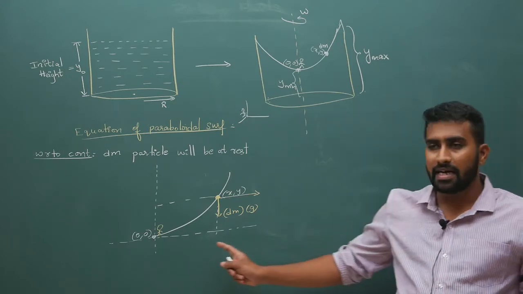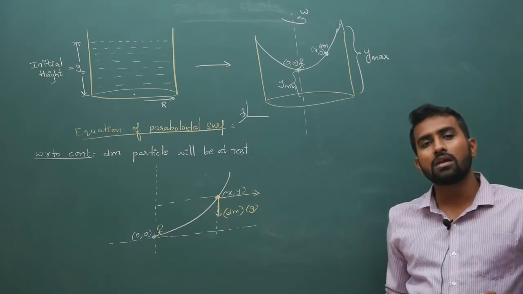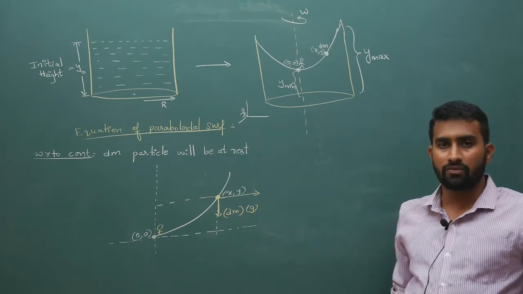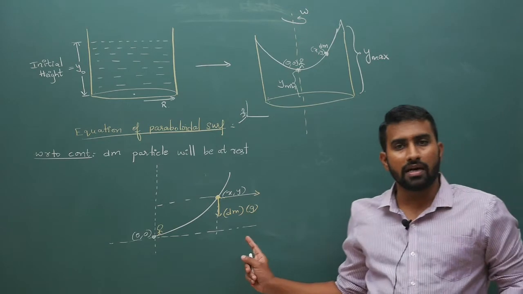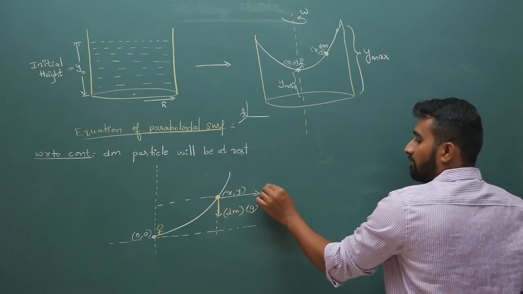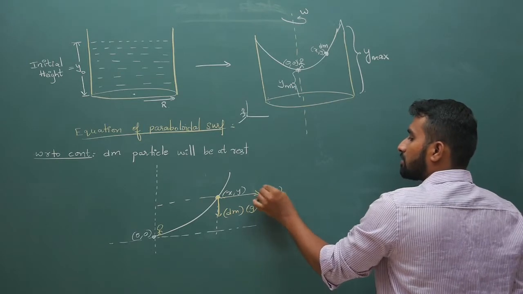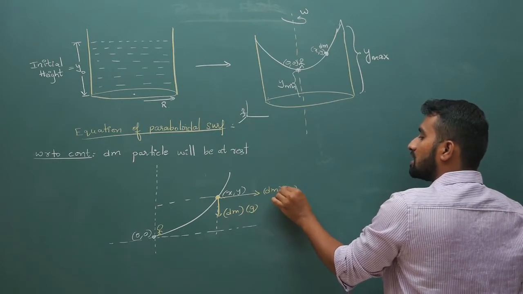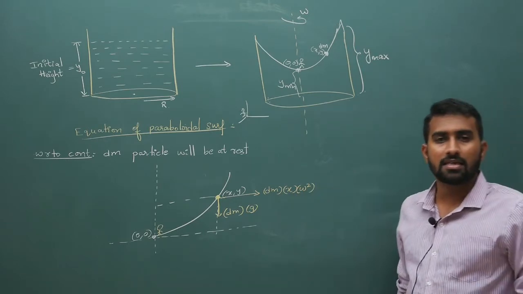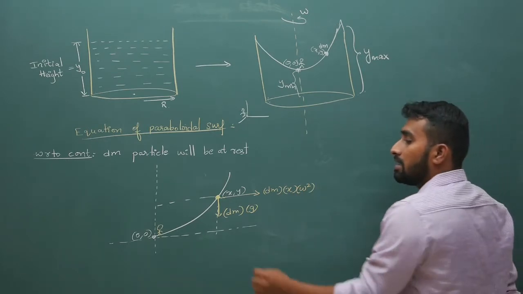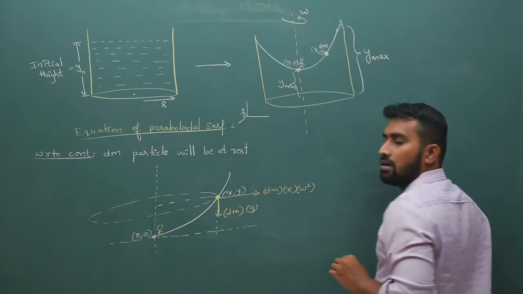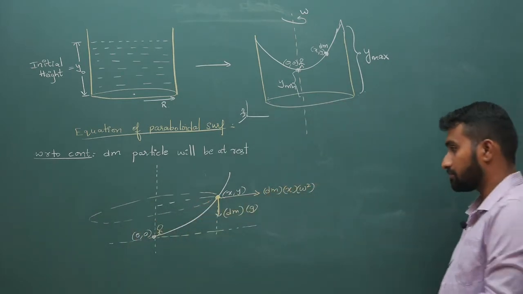Centripetal force will be directed towards the center, and you keep it if you are writing equations with respect to the ground frame. Here you are writing with respect to the accelerating reference frame, so your pseudo force is dm into x omega square. Just as centripetal acceleration a equals r omega square, this body is going in a circle of radius x.